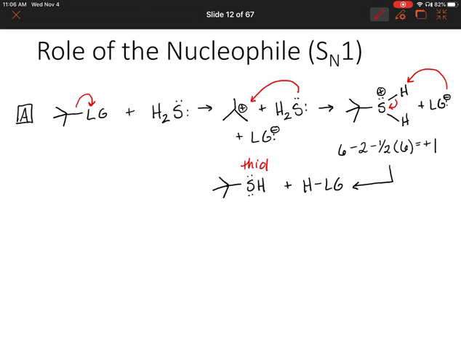Okay, so now let's look at a slightly different reaction. We're going to use the same electrophile, but we're going to change our nucleophile. So this time our nucleophile is water. Okay, so if you want to pause the video and try to draw this reaction yourself, feel free, and when you unpause, we'll go over it together.